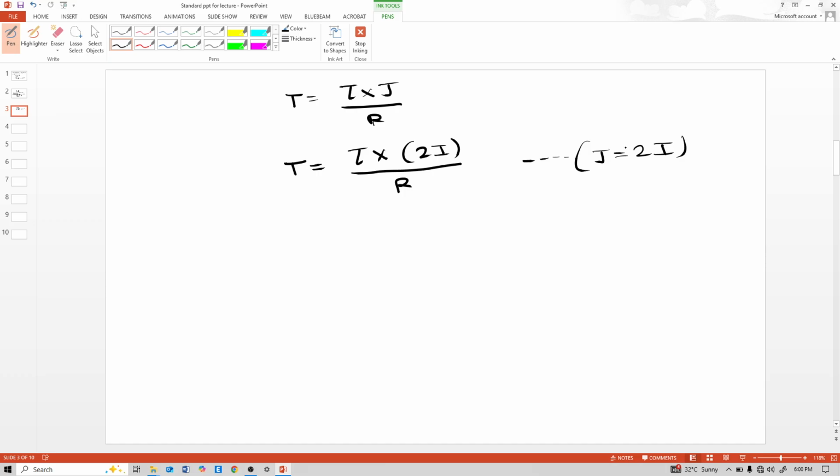Therefore, tau is equal to TR by 2I. This is the shear stress and this is the bending stress.